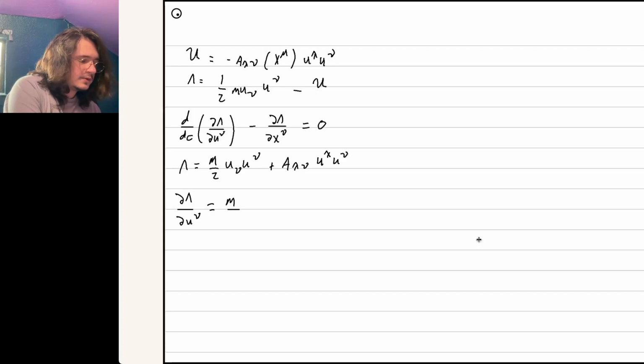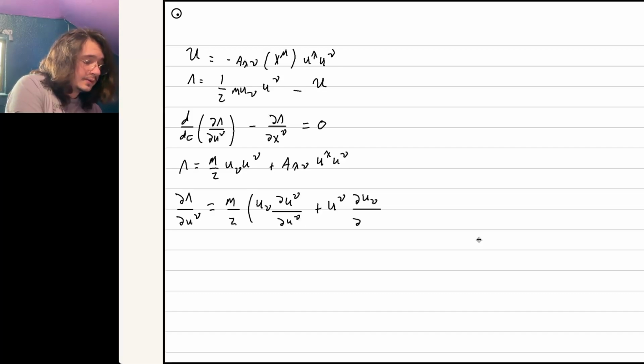So it's going to be m over 2. You have a product rule. You're doing u sub nu del u super nu del u super nu, right? Plus u super nu del u sub nu del u super nu.